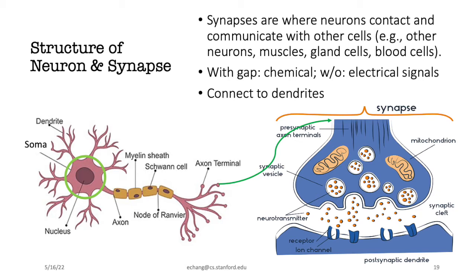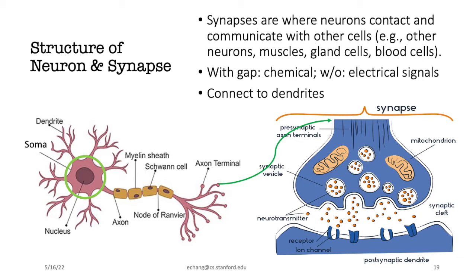The information is eventually converted to electricity in the soma. Soma is the main body of a neuron. Then the electricity flows through the axon pipe and eventually reaches the axon terminal. The synonym of axon terminal is synaptic terminal, and you can consider that as an output port, right? On the right-hand side, we see how the input and output work in this synapse.